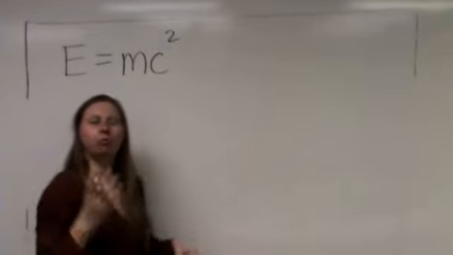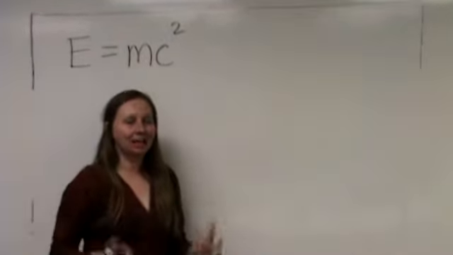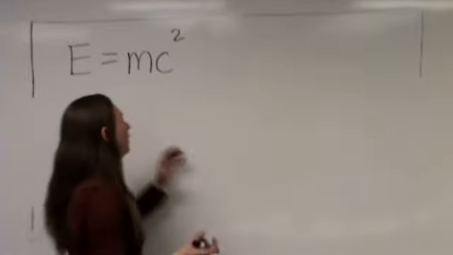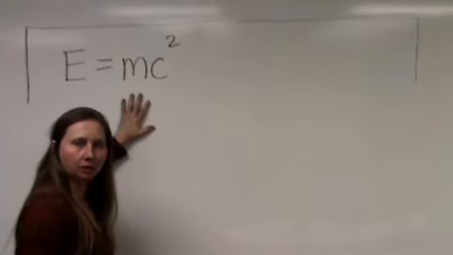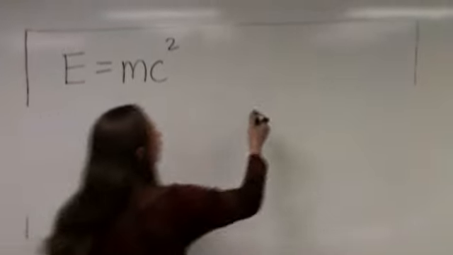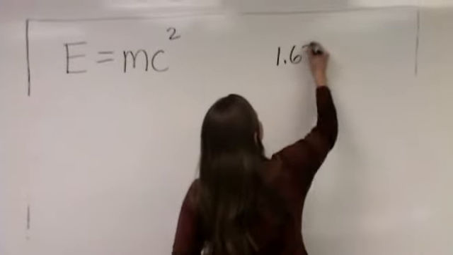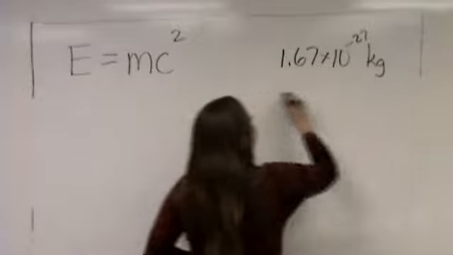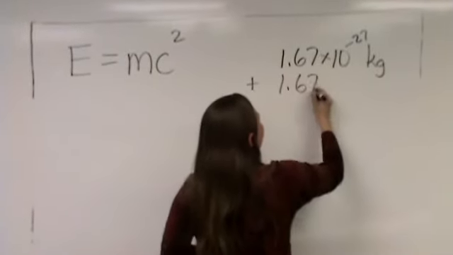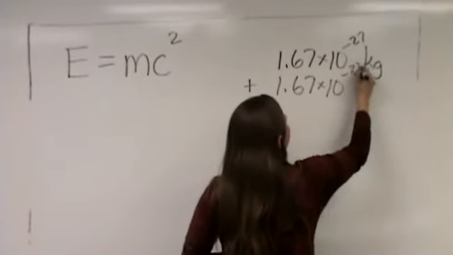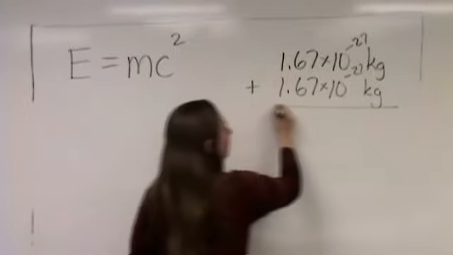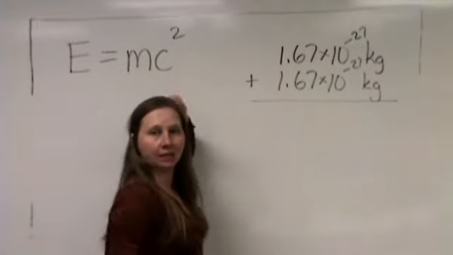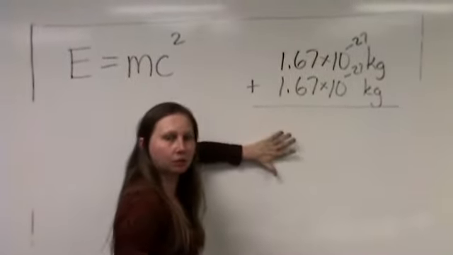Now, what would the mass be of a proton and an antiproton? Well, they both have the same mass. So you could either say, all right, 1.67 times 10 to the negative 27 plus 1.67 times 10 to the negative 27. That's the proton, that's the antiproton. This is the mass.